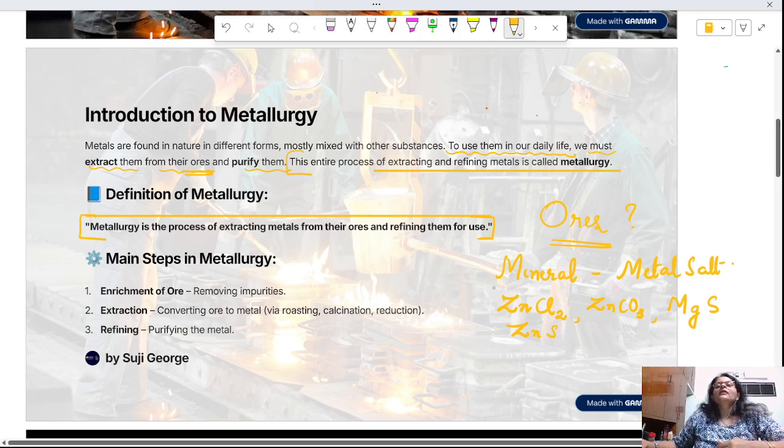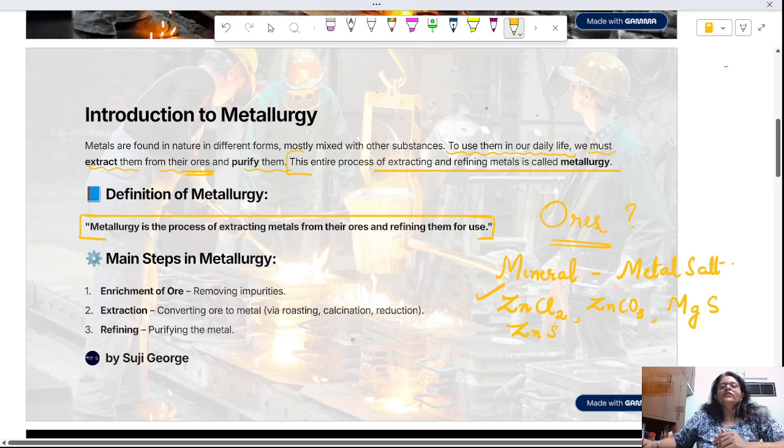And if you want to extract zinc, we have to go around and find out which is the mineral of zinc which is abundantly present, or which we can collect in maximum quantity. What is our idea? We want to extract the zinc.